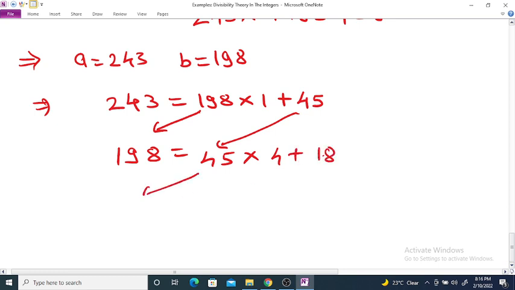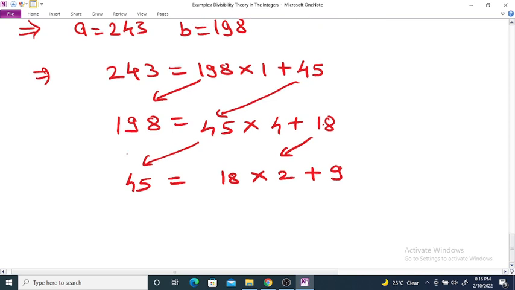Again, if we divide 45 by 18, we get 18 into 2 plus 9, and if we divide 18 by 9 again, we get quotient 2 and remainder 0.